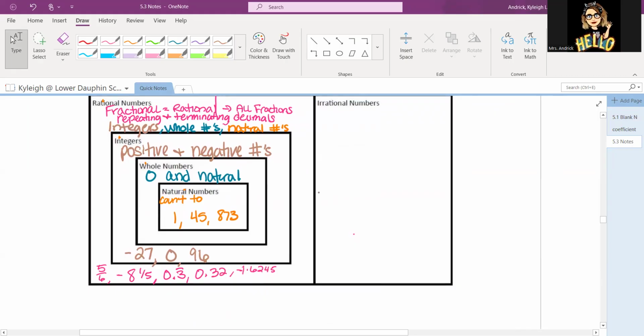Irrational numbers, I think, are the easiest to figure out. They are non-repeating and non-terminating decimals.